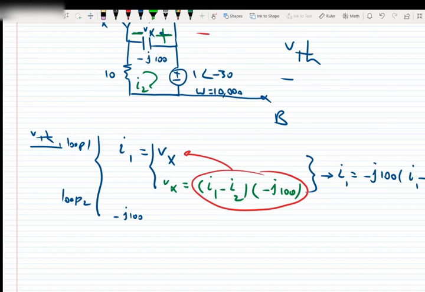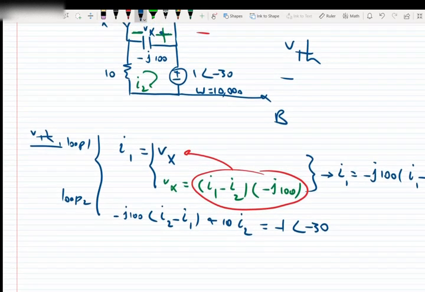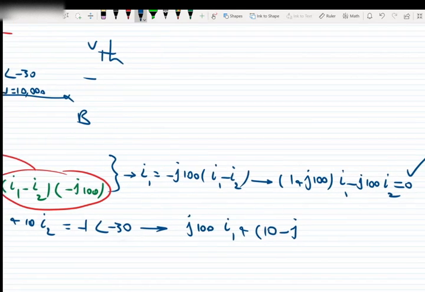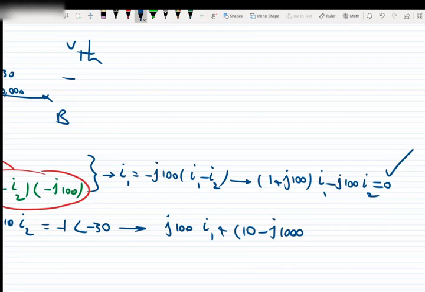Negative J100 times I2 minus I1 plus 10 I2 is equal to negative 1 with the angle of negative 30, or we can say J100 I1 plus 10 minus J100 I2 is equal to negative 1 with the angle of negative 30.